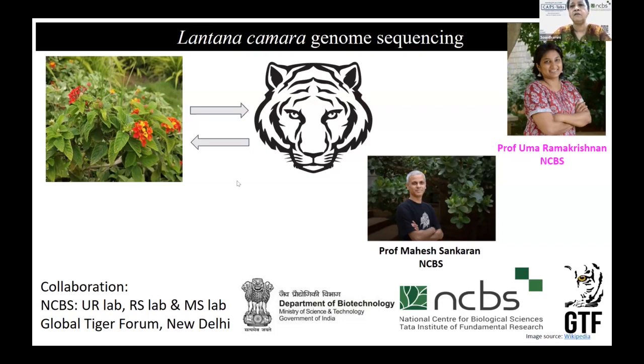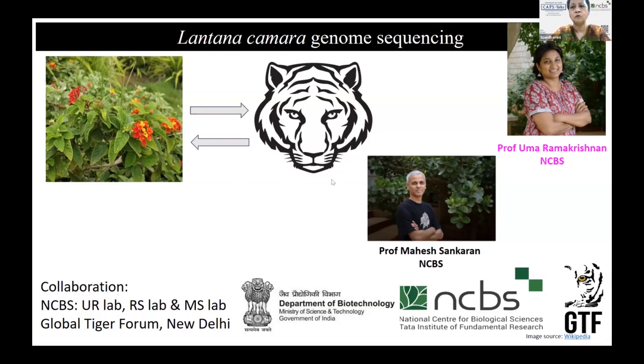All right, so with this in mind, together with Mahesh Shankaran, who looks at plant populations across continents, both of them were interested in the population genetics. Together with me, we wrote a grant to the Department of Biotechnology, and it got funded as well. So this is how the story began.